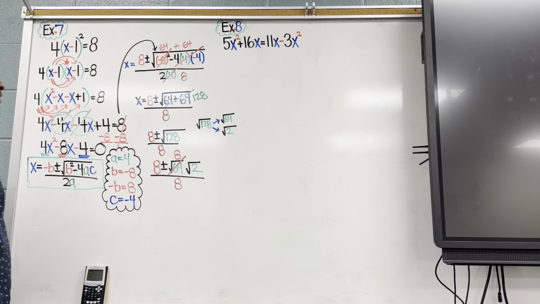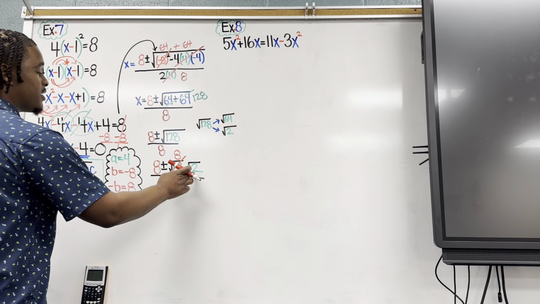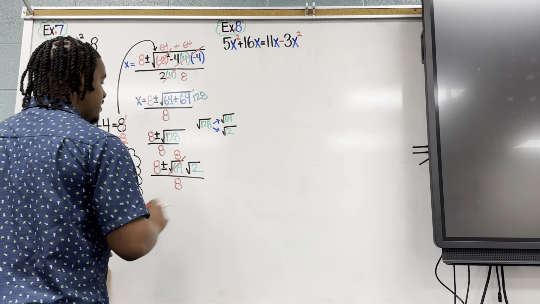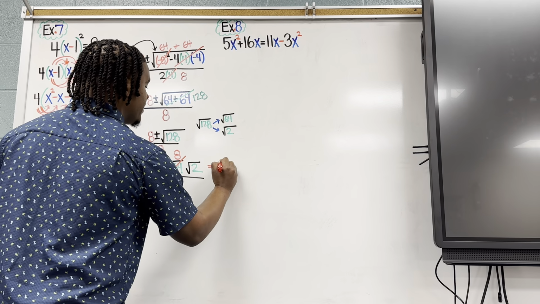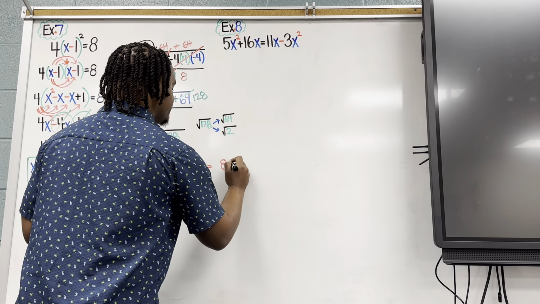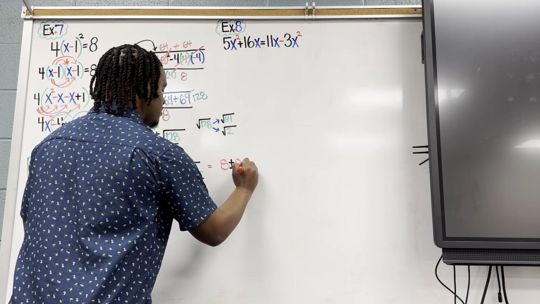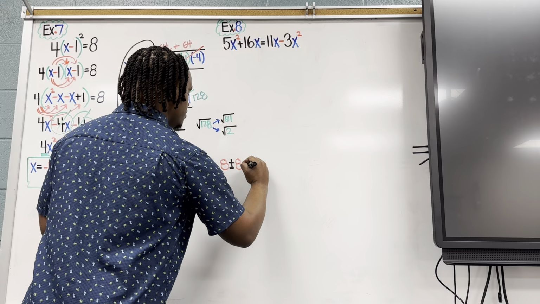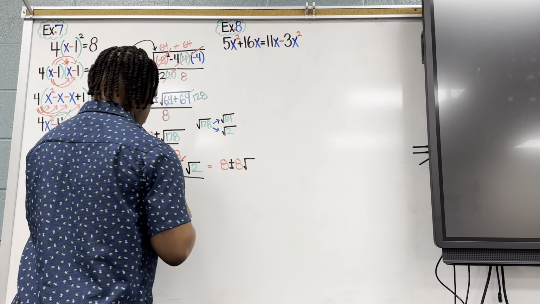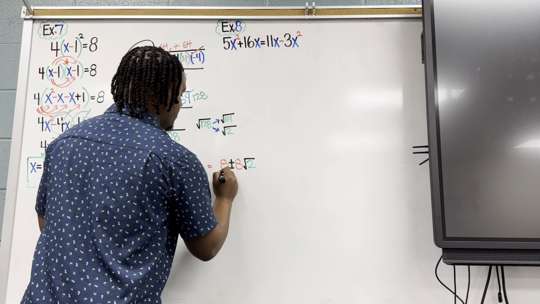The radical 2's square root is not a whole number, so I'm just going to keep it as a radical. So now I'm going to have 8 plus or minus 8 times radical 2, all divided by 8.